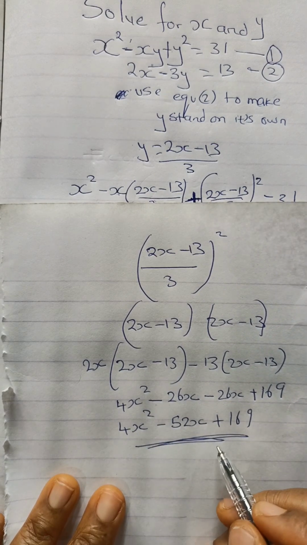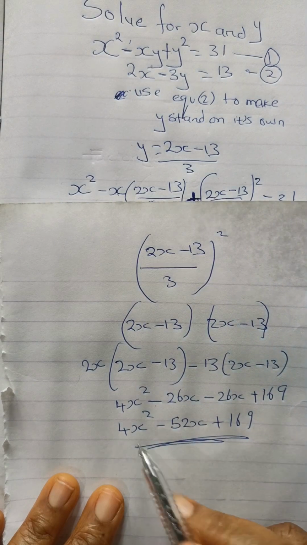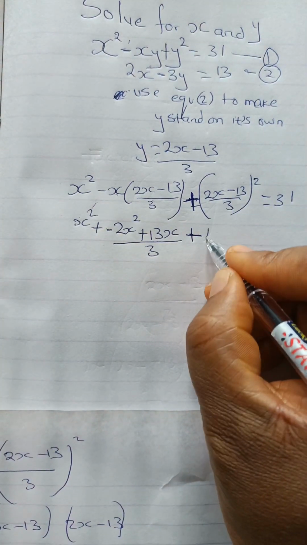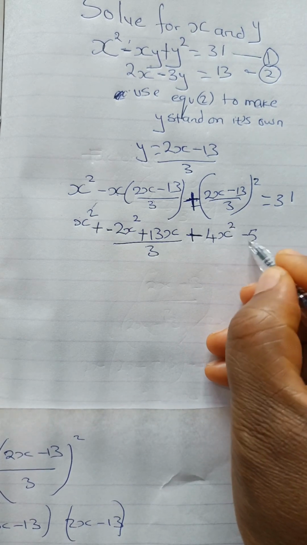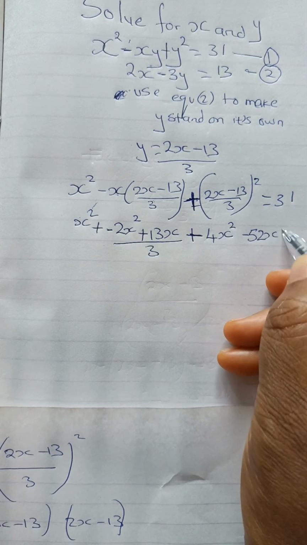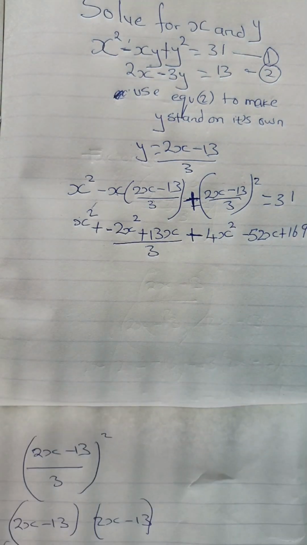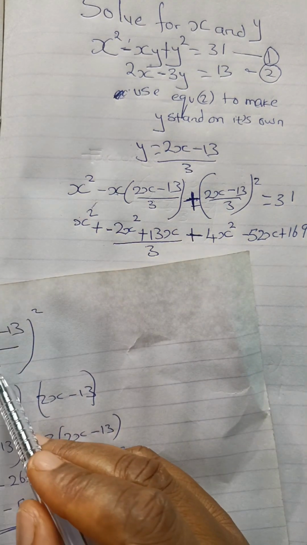I solved it here so that we don't make this one long and get confused. So this is what we will be imputing for this: 4x squared minus 52x plus 169. Don't forget that we actually have 3 here.